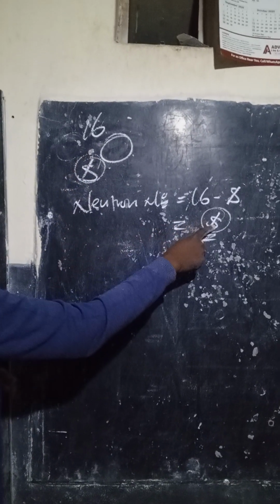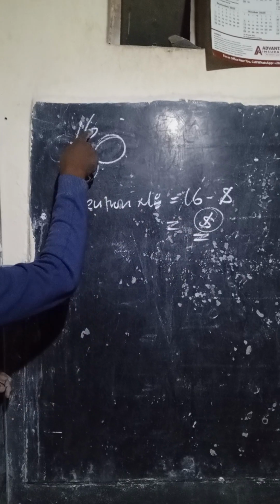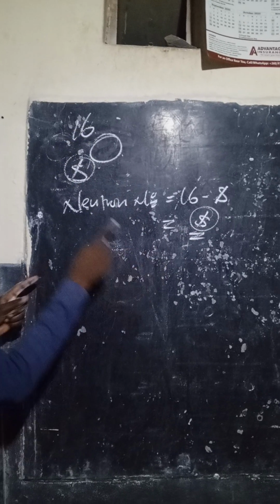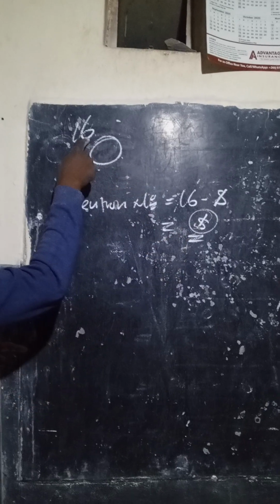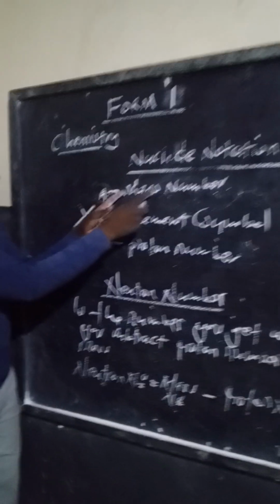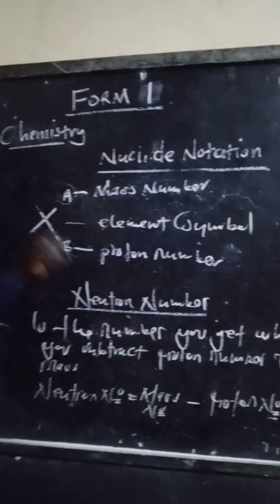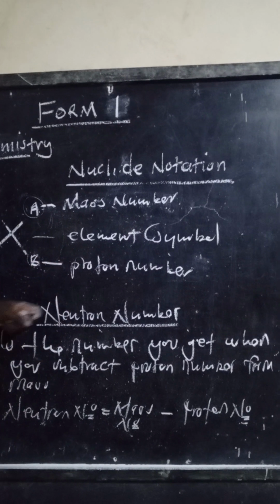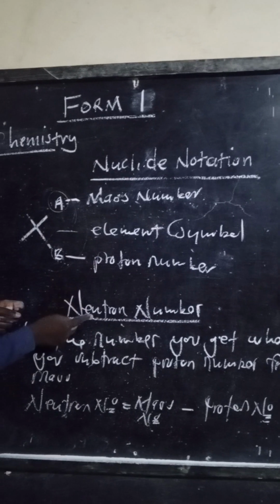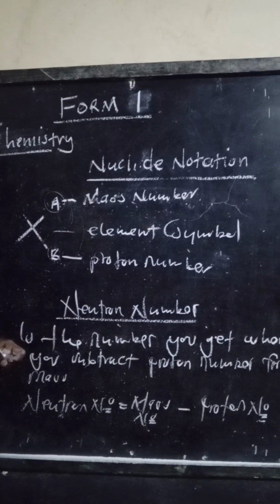When you get this one plus this one, you get that one. So the addition of proton plus neutron number, you get what we call the mass number. In other words, the mass number is the total number of proton and neutron. So the addition of these two numbers makes what we call the mass number.